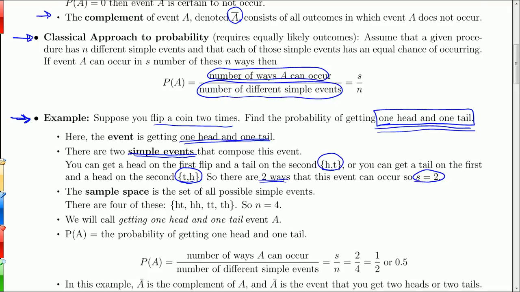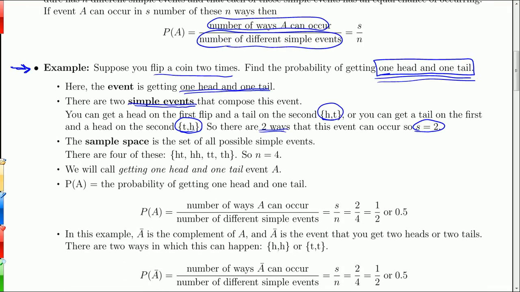The sample space consists of all possible simple events. We can get a head on the first and a tail on the second, head on the first and head on the second, tail on the first and tail on the second, and a tail on the first and head on the second. So the total number of outcomes is 4.